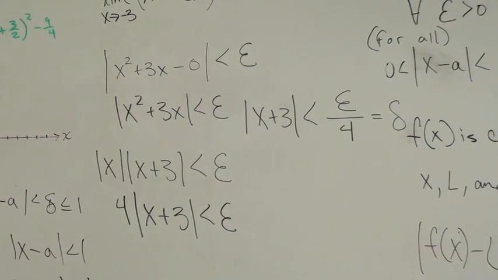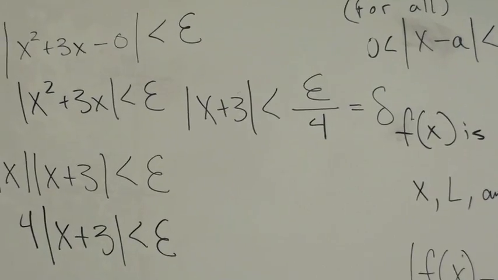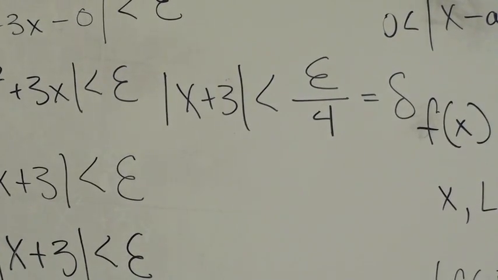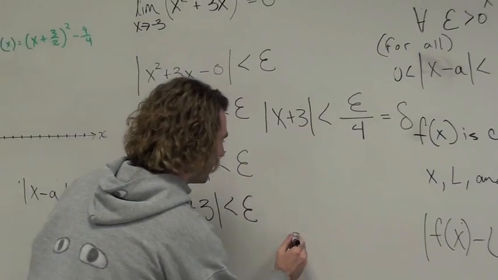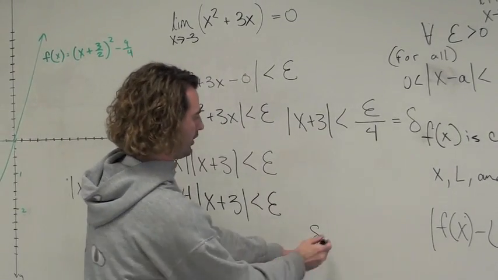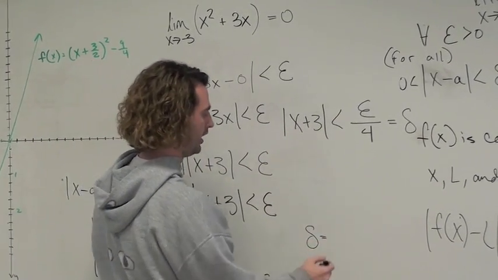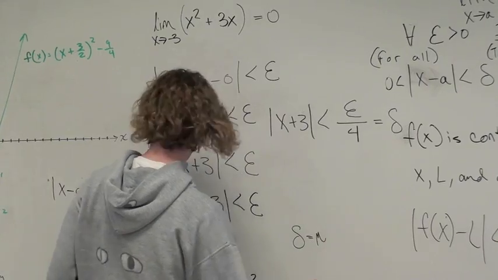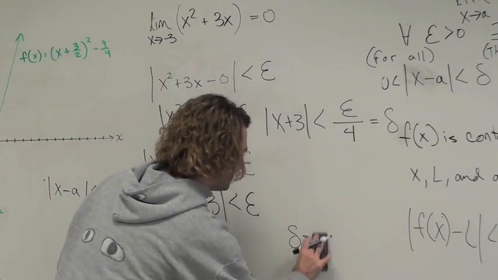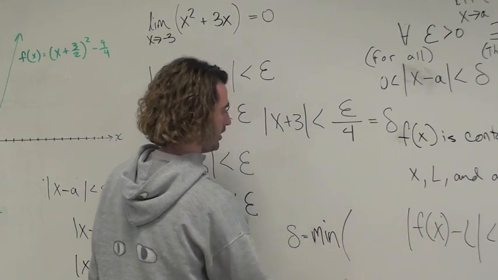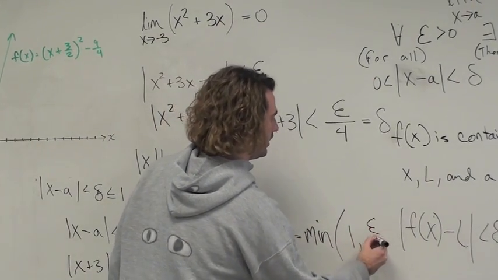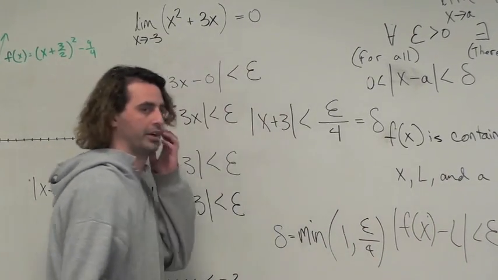But we have to be careful because we made the assumption earlier that our delta was going to be less than or equal to 1. So when we declare what our delta is going to be, we're going to have to choose the minimum of 1 and epsilon over 4.